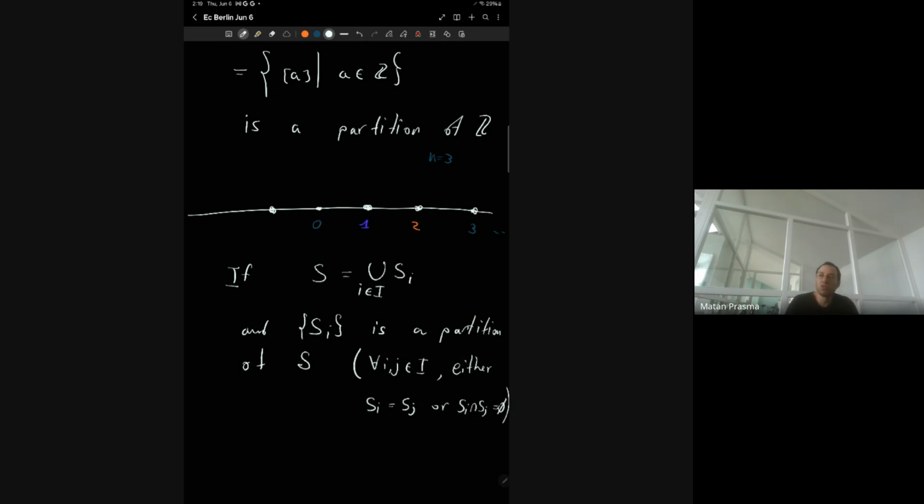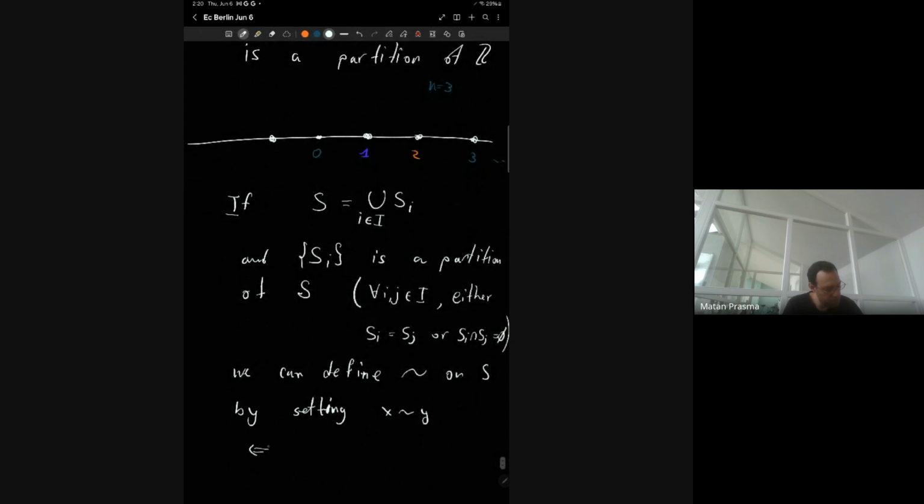If I have such a partition, I can define an equivalence relation tilde on S by setting x equivalent to y if and only if there exists some i such that x and y are elements in S_i.